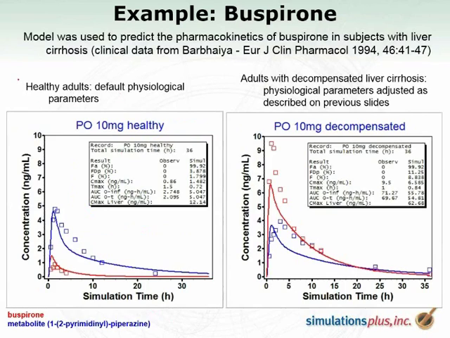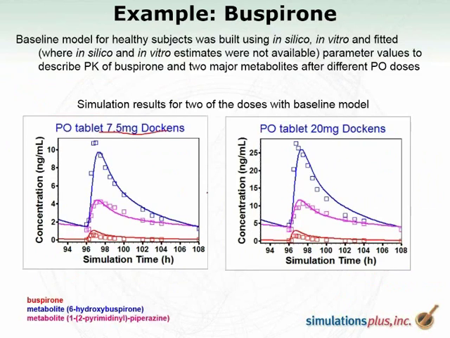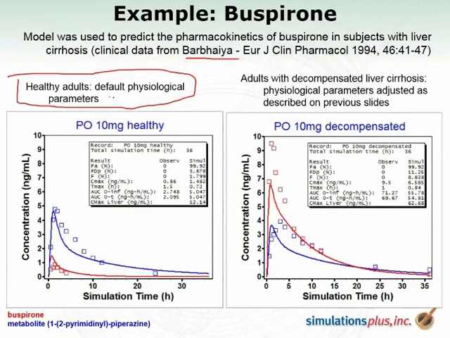What we've done from here is take this model and validate it, confirming the performance of the model on another study which reported data for buspirone and one of those metabolites in healthy subjects as well as in subjects with liver cirrhosis. For healthy subjects, we simply took all the parameters from this model, included default physiologies corresponding to the subjects in this study, and verified that the model still holds.